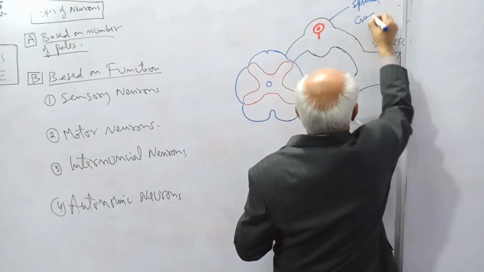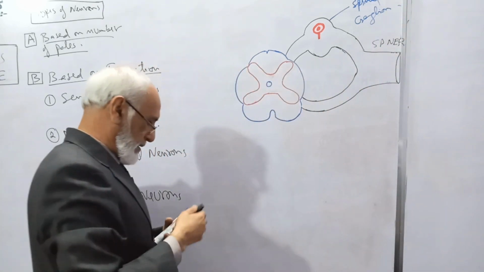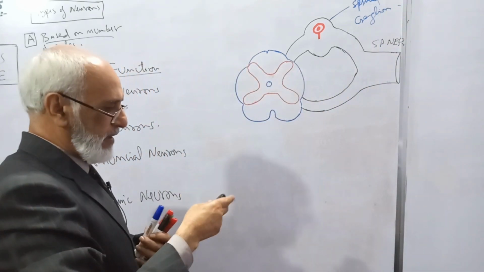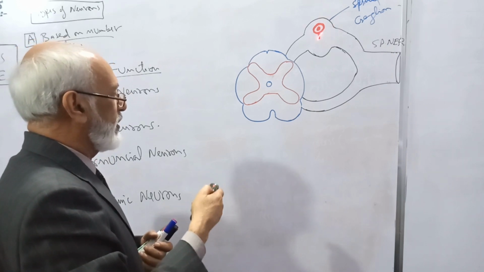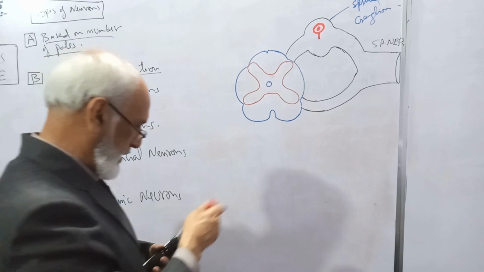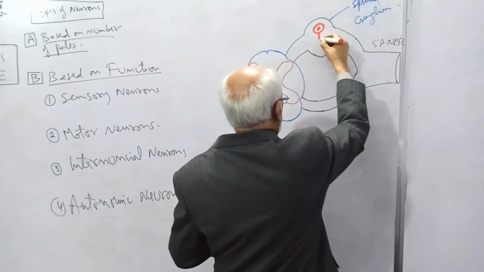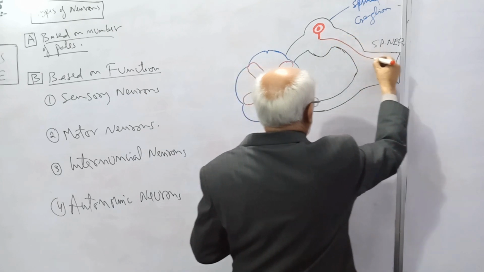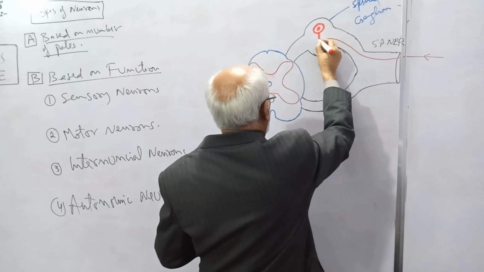There are several such neurons here. I have drawn only one. A unipolar neuron having a common stem which bifurcates into a peripheral process and central process.